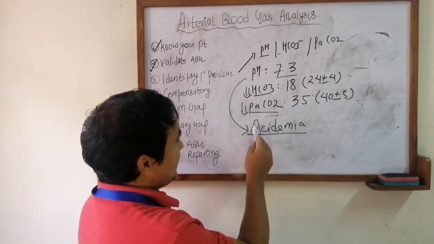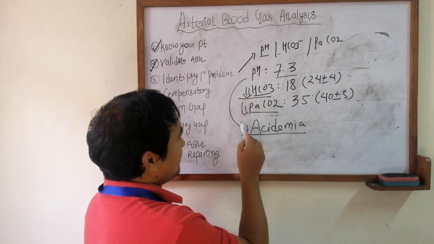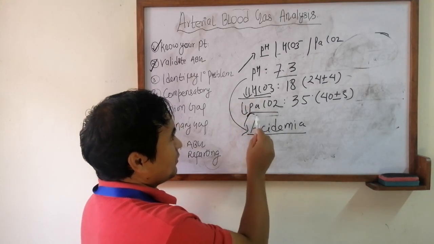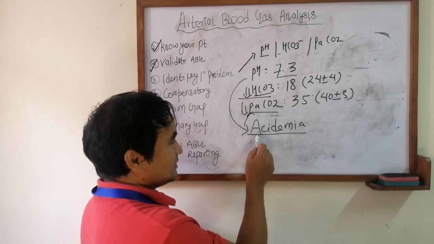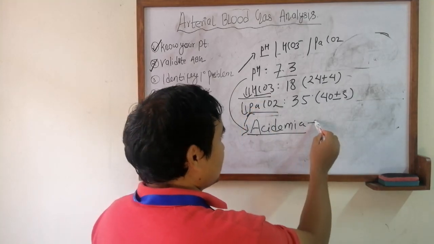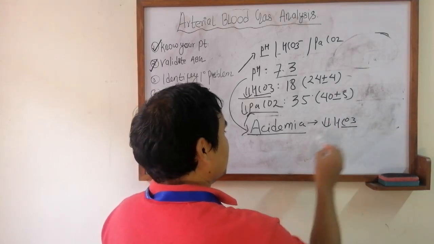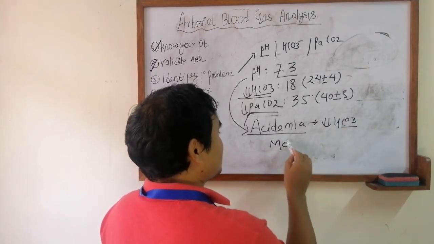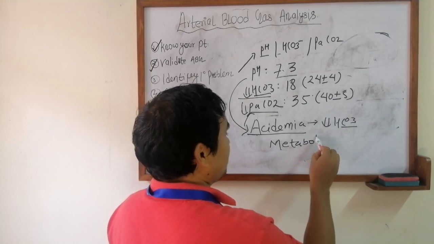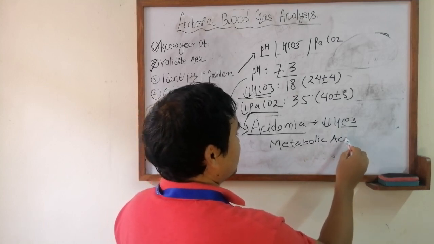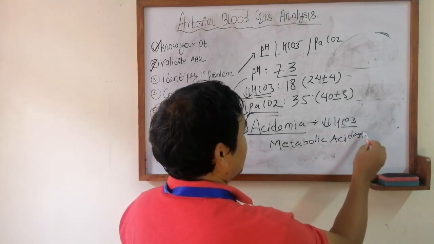So this acidemia is because of bicarbonate, not because of PCO2, because a drop in HCO3 can cause acidemia. So this condition is called metabolic acidosis. This is not because of carbon dioxide, this is because of the bicarbonate.